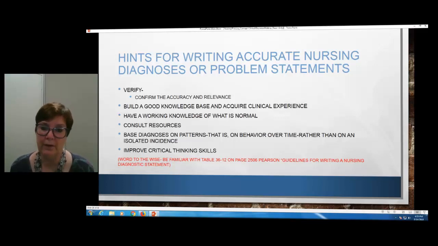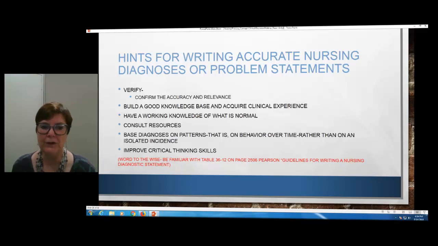When the O2 sats were obtained, we knew that that O2 sat was 95%, that was okay within the normal limits. Our respiratory rate at 28, that's high. So we know that is not normal. So you have to know your knowledge of normal and abnormal.